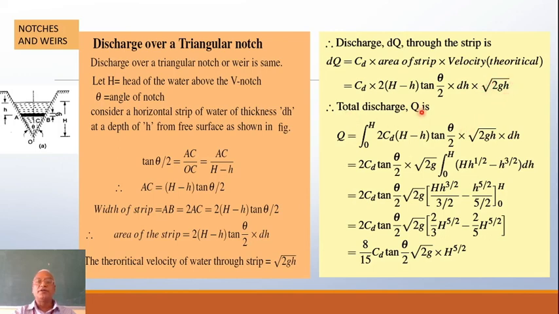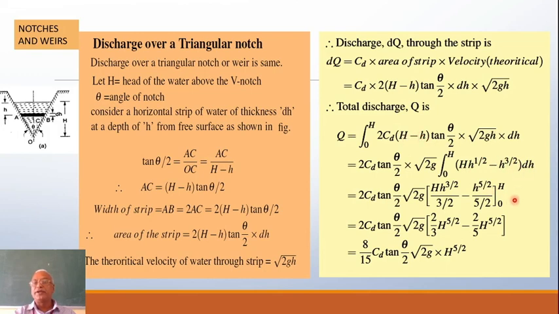Now for the total discharge, again you have to integrate from 0 to capital H. So Q is equal to the integral from 0 to H of 2 CD (H minus h) tan theta by 2 root 2g root h dh. Now all these constant factors are taken out, 0 to H. Then (H minus h) h raised to half becomes H h raised to half minus h raised to 3 by 2 dh.